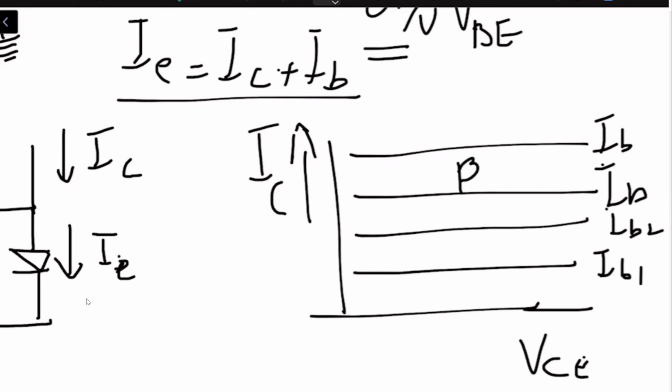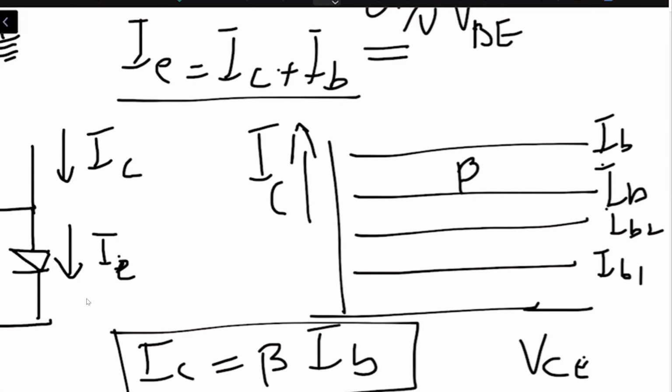We also know from our previous knowledge that IC is equal to beta times IB, the collector current. Are you with me?